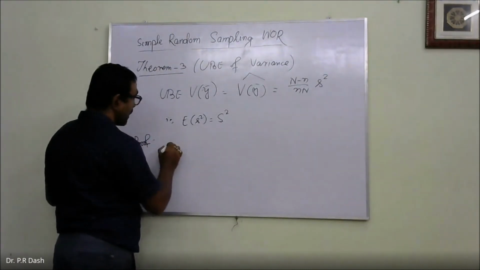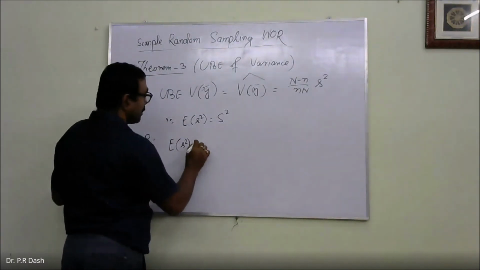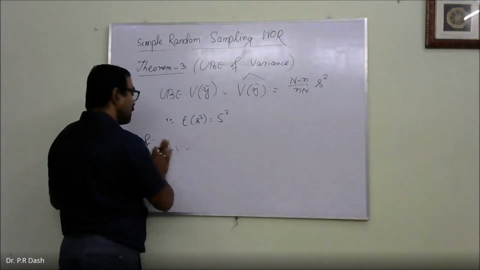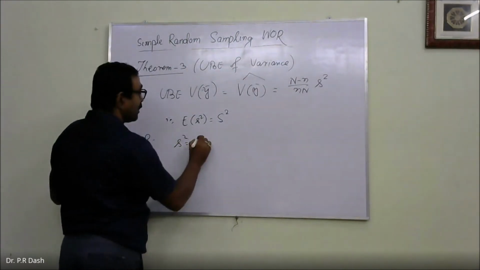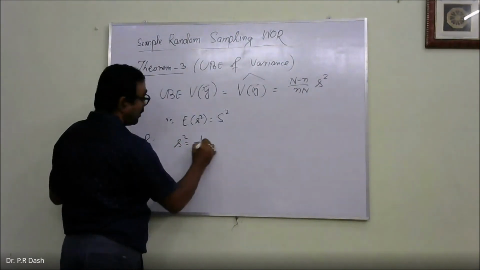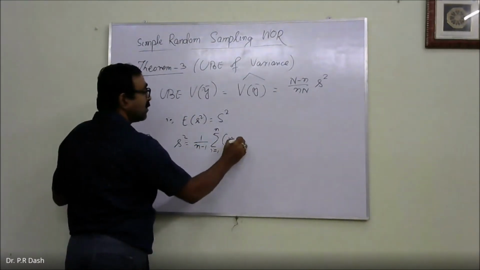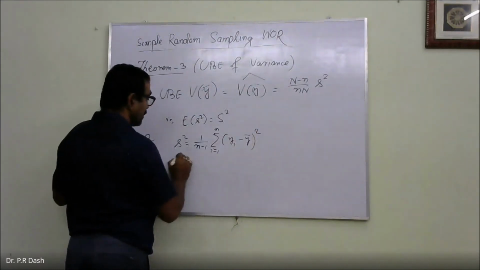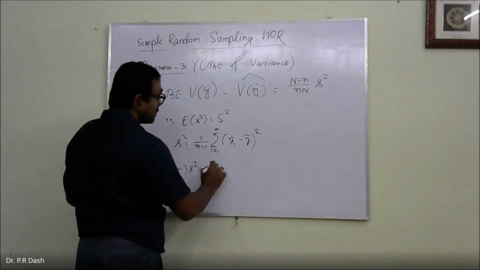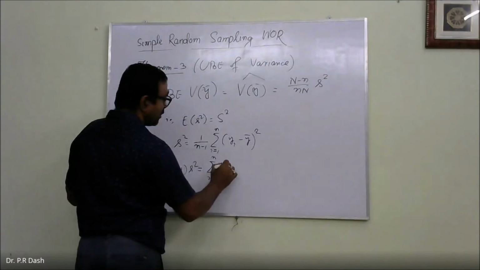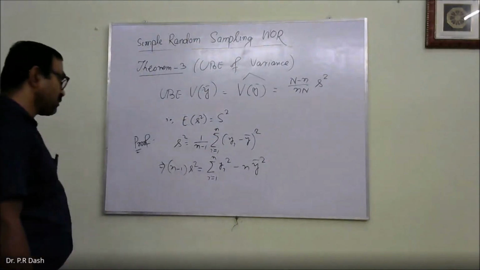Now, s square equal to 1 by n minus 1 summation i equal to 1 to n yi minus y bar whole square. That implies n minus 1 s square equal to summation i equal to 1 to n yi square minus n y bar square.